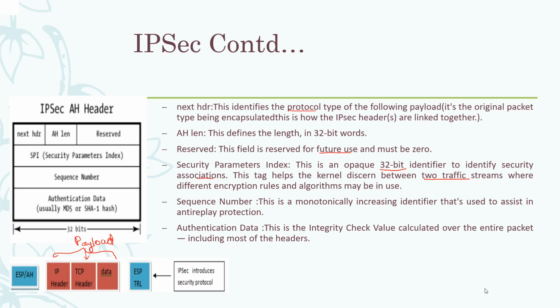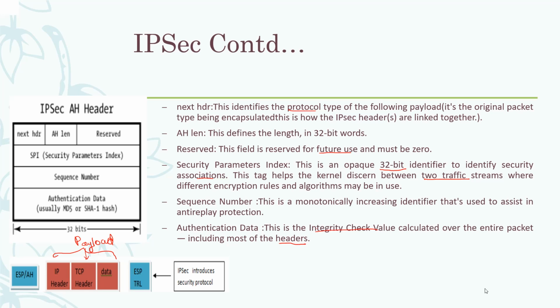Authentication data, this is the integrity check value which is calculated over the entire packet. So checksum value we can say, or an integrity check value, is basically used to determine whether the packet is altered or not. So this integrity check value is calculated over the entire packet, which also includes the headers.